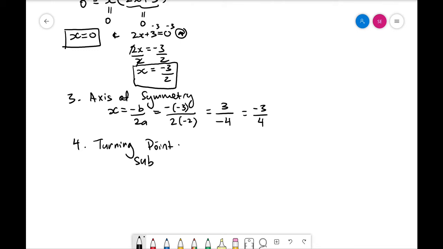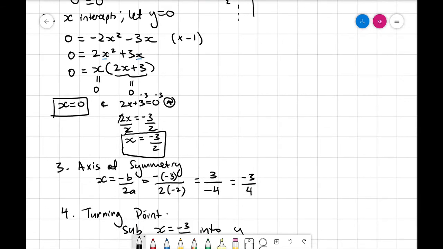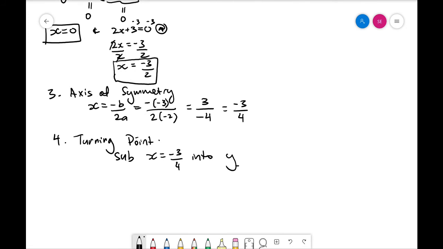We're going to sub x equals minus 3 on 4 into our quadratic, which is y is equal to minus 2x squared minus 3x. So we'll get minus 2 times minus 3 on 4 squared minus 3 on 4.